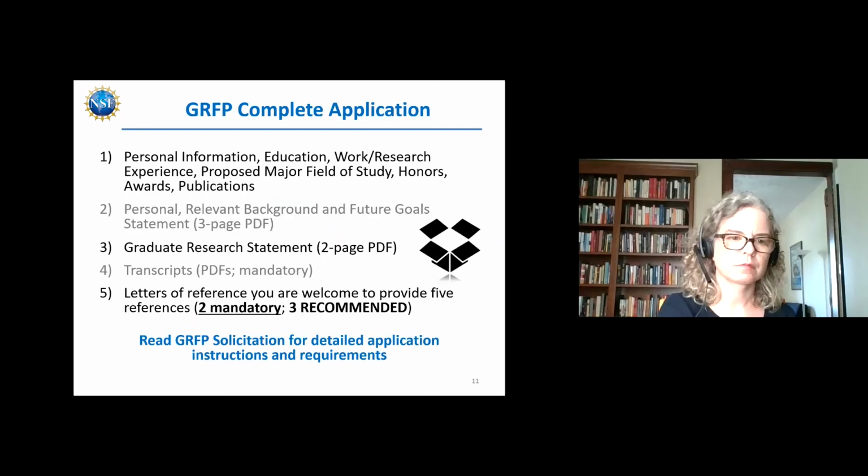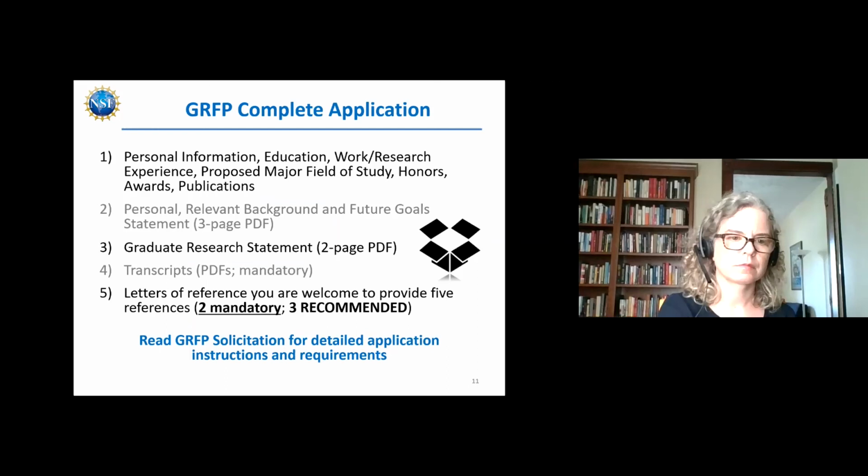There are several parts to a GRFP application. The first part provides us with information about your education, about your work and research experience, about publications you may have had or honors. Then there's a 3-page personal background and future goals statement and a 2-page graduate research statement.